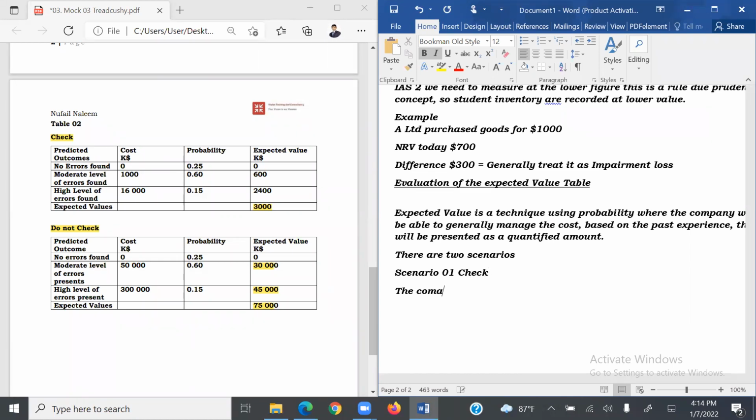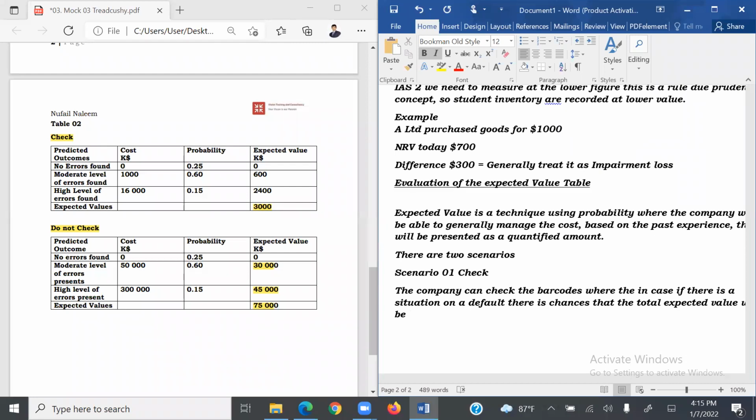The company can check the barcodes, where in case there is a situation of a default, there is a chance that the total expected value will be $3,000 only. Now observe it very carefully, $3,000 only.